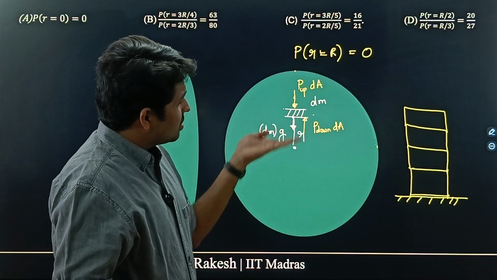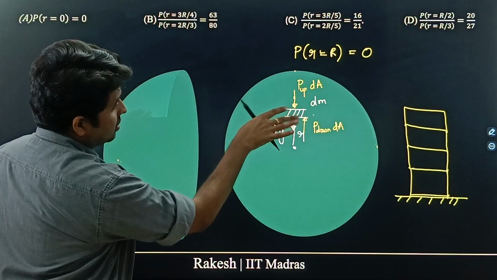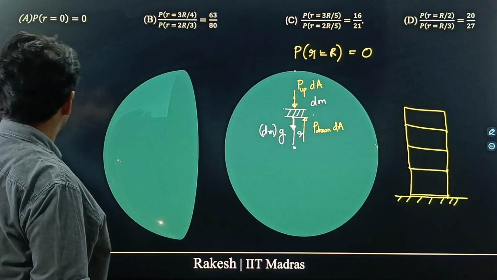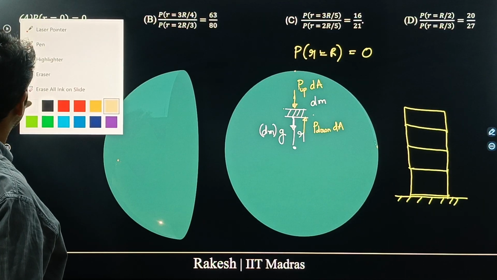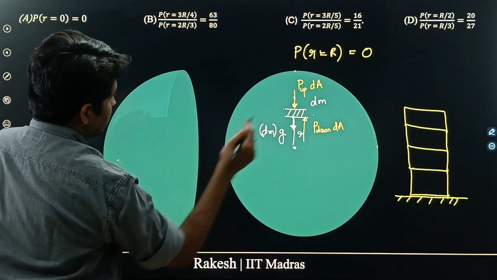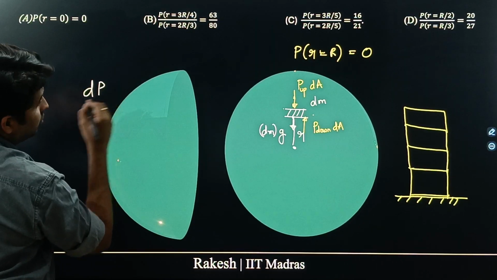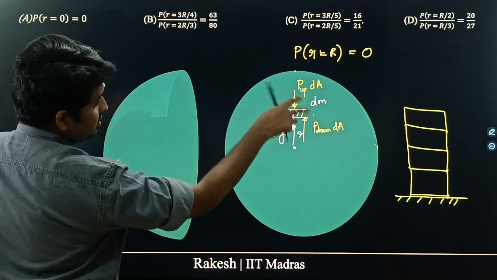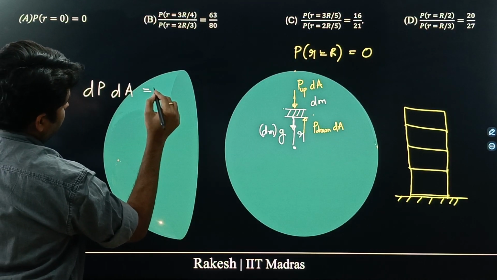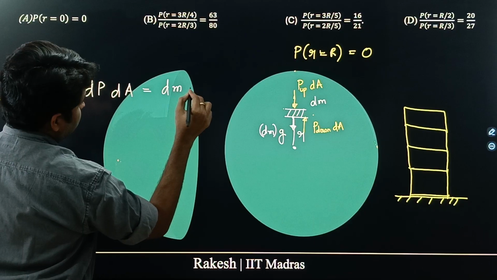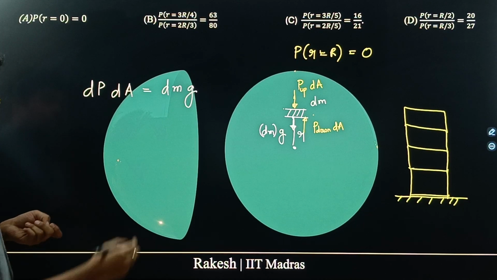Now we can write the force balance equation. What will it be? Tell me. Let us say the pressure difference is dP here. So what can we write? dP, the difference in pressures, times area, equal to dm times g.